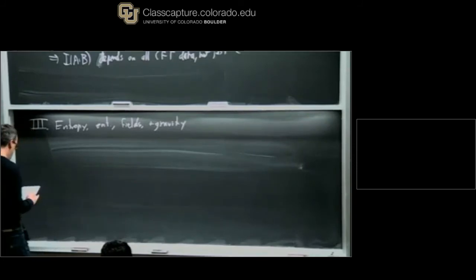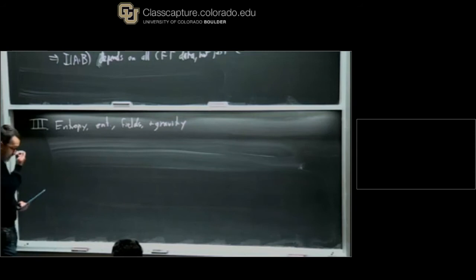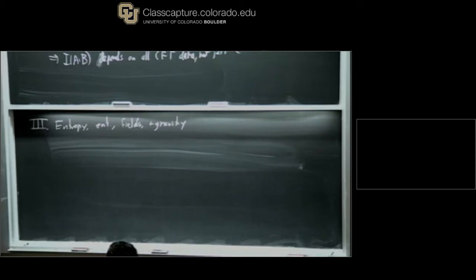Okay, so it's very hard to compute entanglement entropies in field theories, except, strangely enough, in ones that have a lot of degrees of freedom and are at strong coupling. And in particular, if they have a holographic description.